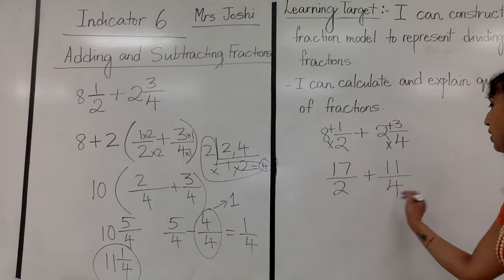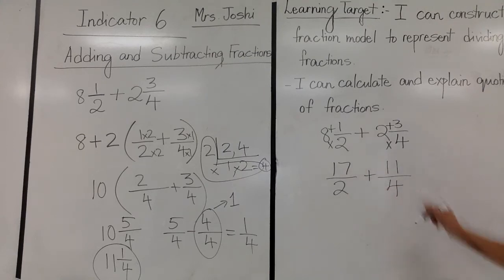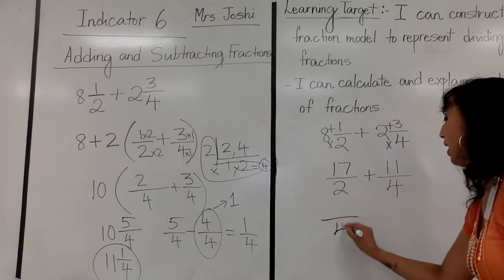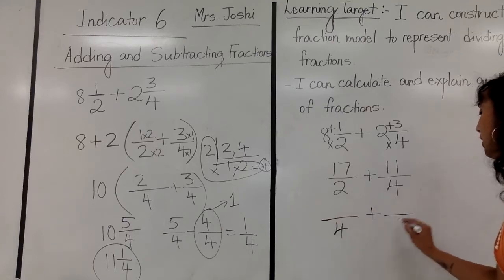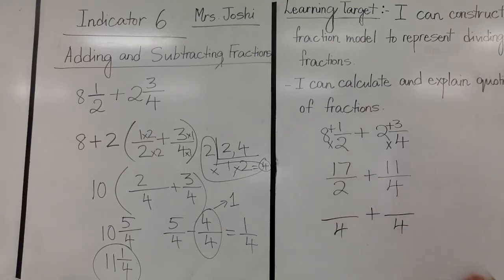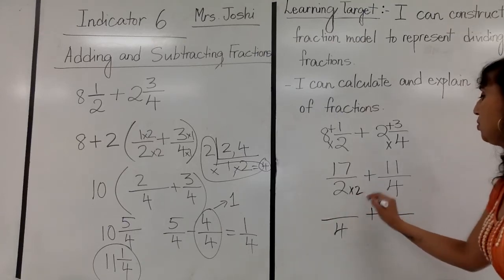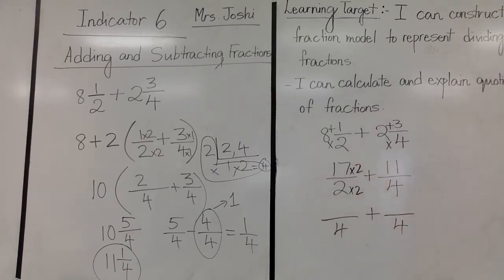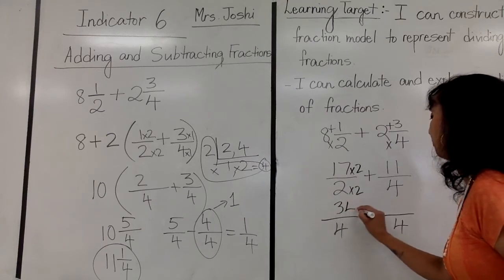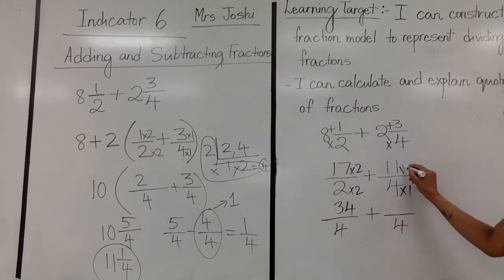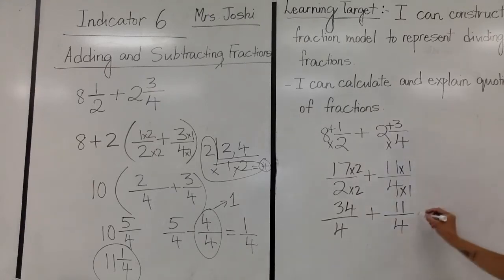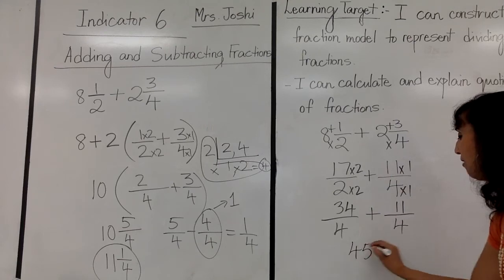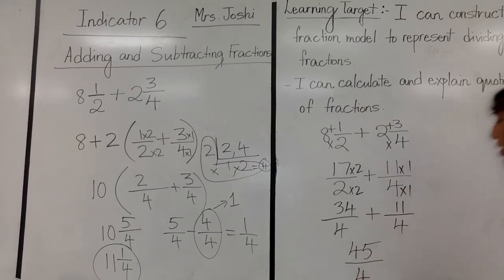And I get, well, my denominators are not the same, so I have to find the LCD. That's the first step. And I know that the LCD is going to be 4. So times 2 gives me 4 times 2. 17 times 2 gives me 34. Times 1 gives me 11. And then when I add this up, I get 45 over 4.